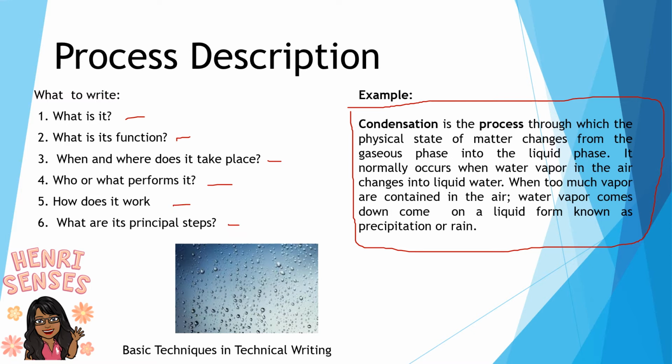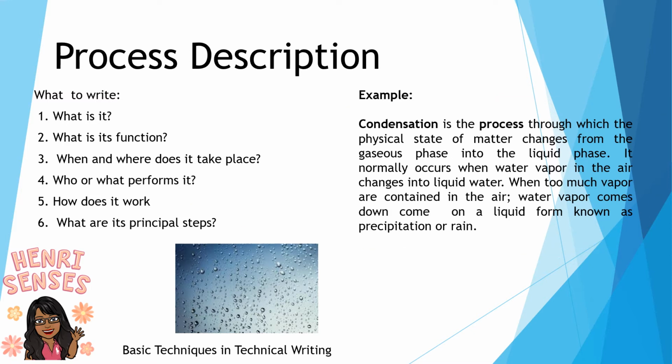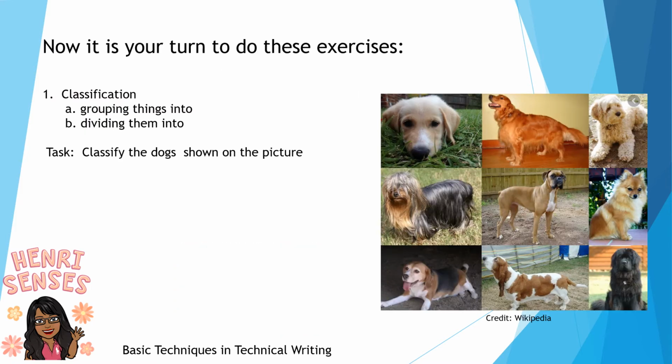Okay, so I'll leave the checking to you for your own personal learning. Since I have given you examples of technical writing, the different kinds of description, then we can do an exercise. I will leave you with this exercise.